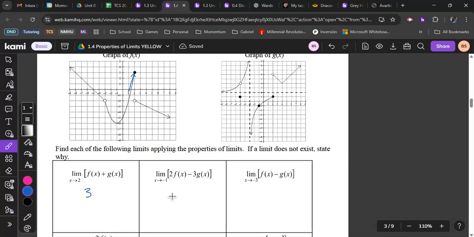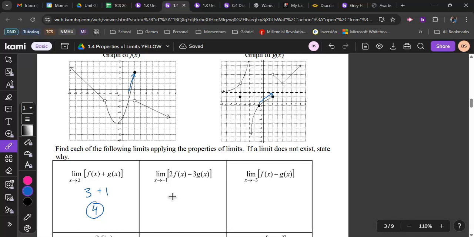Because it's only the one-sided limit. For g of x, as I approach 2, it's 1. So the answer is just going to be 3 plus 1. We get to do some basic grade 1 math. We got to do some calculus first, but then we get to do grade 1 math.